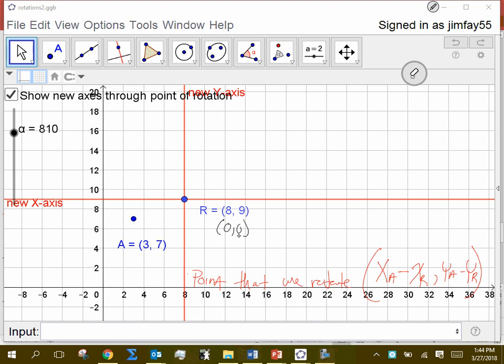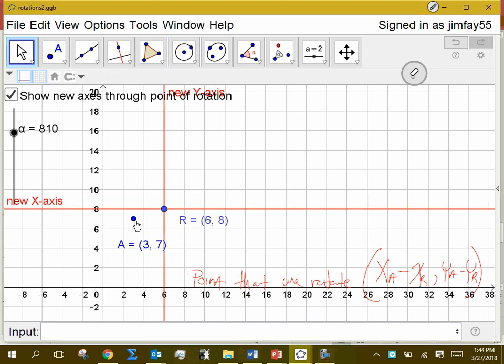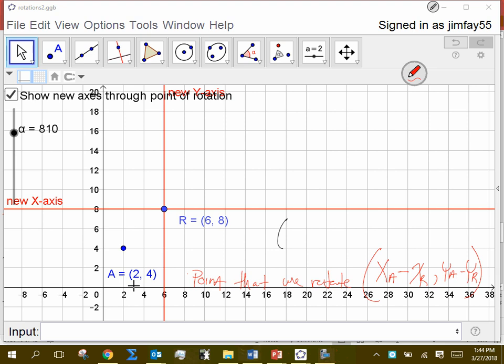Let's see if we can use a different point. Let's go with R at 6, 8, and A at 2, 4. So if I use x sub a, which is 2, and subtract from it x sub r, which is 6, and then y sub a, which is 4, and subtract from it 8, which is y sub r, that should give me -4, -4, right?